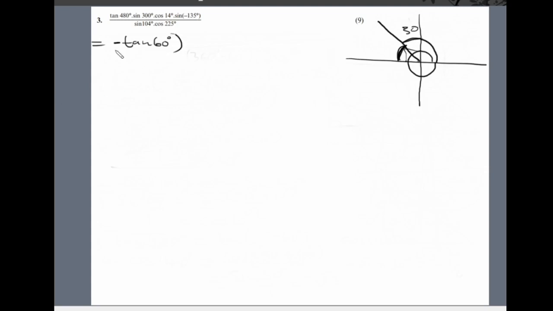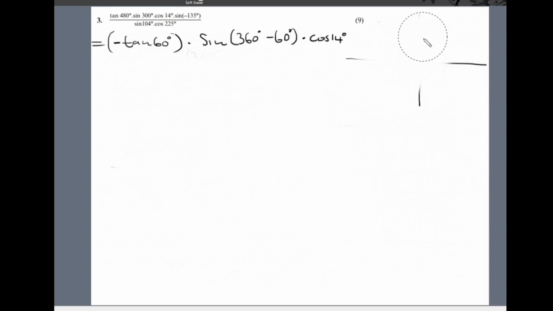Okay, and then sine 300. Sine 300 should be the same as saying sine of 360 minus 60, multiplied by cos 14 degrees. To create space.